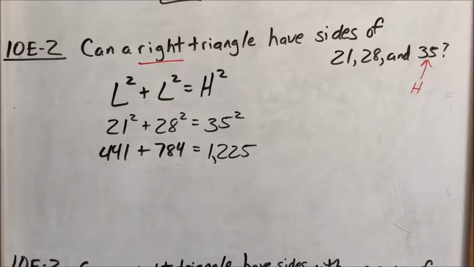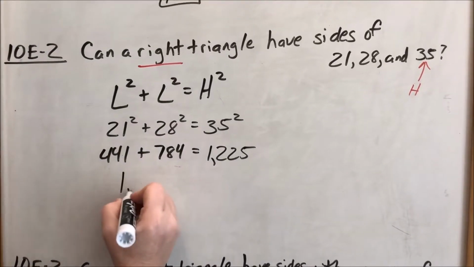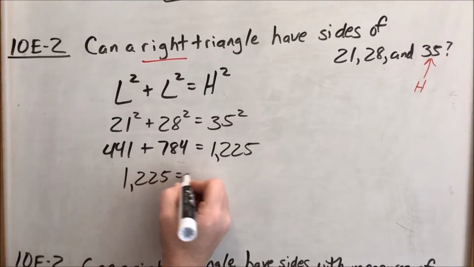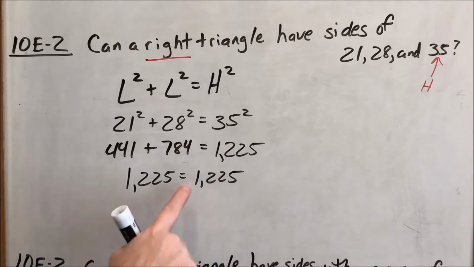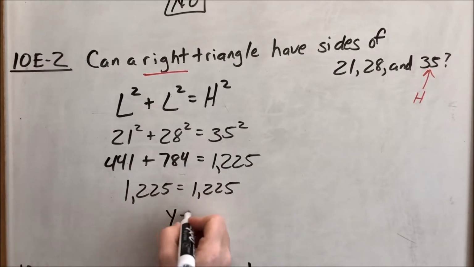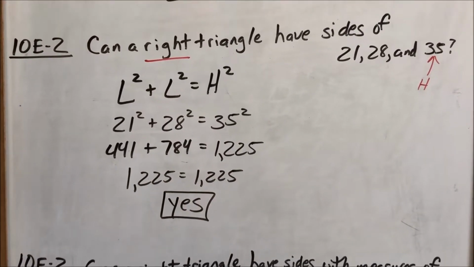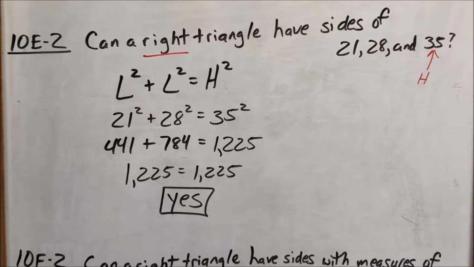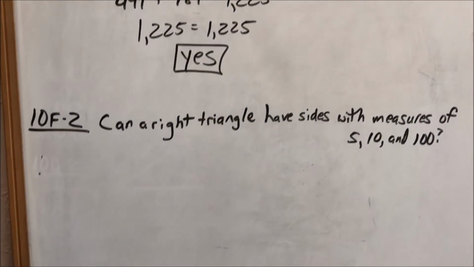Now adding the 441 and 784, that comes out to 1,225. Since the left side does equal the right side, we can keep our equal sign there. When the left side equals the right side, that means yes, it is a right triangle because we showed it using Pythagorean Theorem.